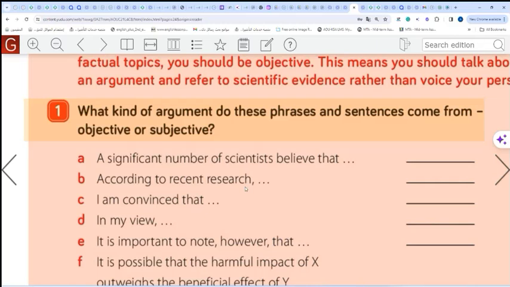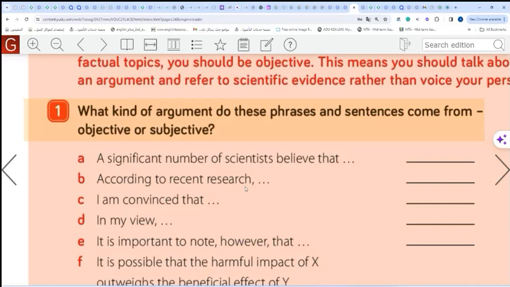Objective. Yes, right. When I say, for example, I am convinced that, what do you call this? Subjective. Excellent. What about number D? In my view. Subjective also, doctor. Excellent.